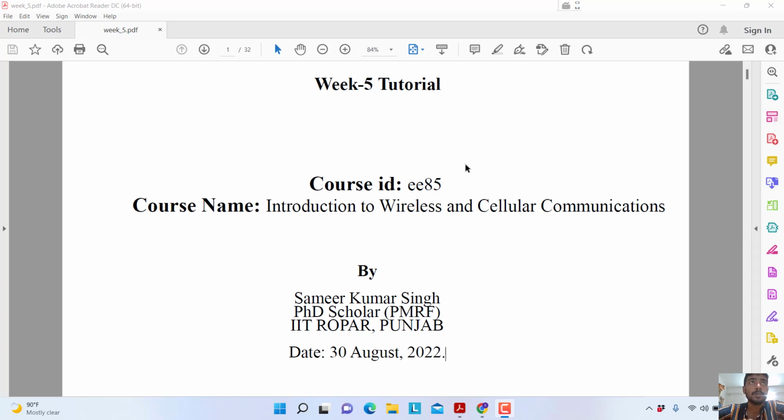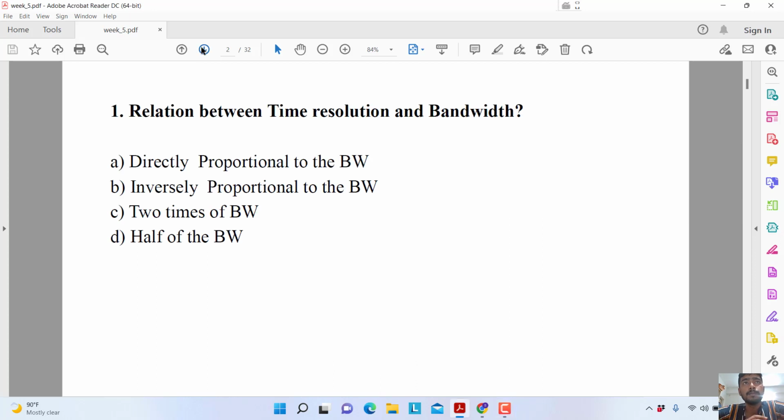Question number 1 is to find the relation between the time resolution and the bandwidth. Please read this question and try to answer it. The options are: directly proportional to the bandwidth, inversely proportional to the bandwidth, 2 times the bandwidth, and half of the bandwidth.